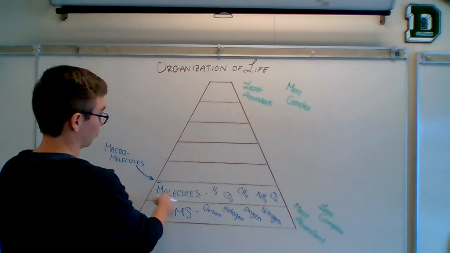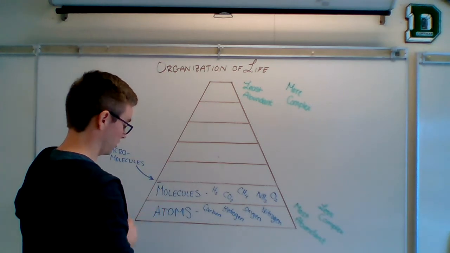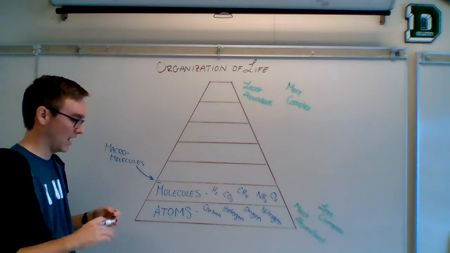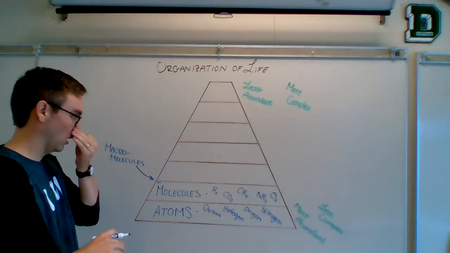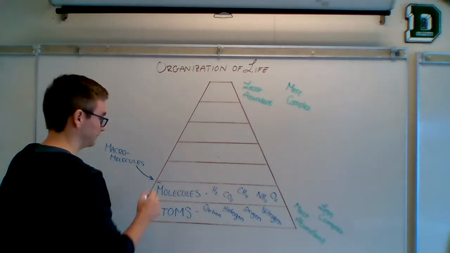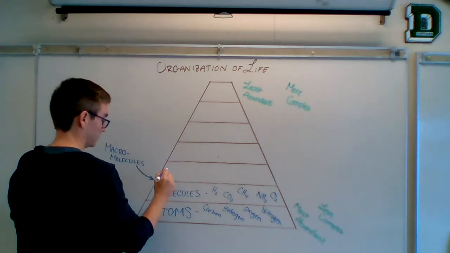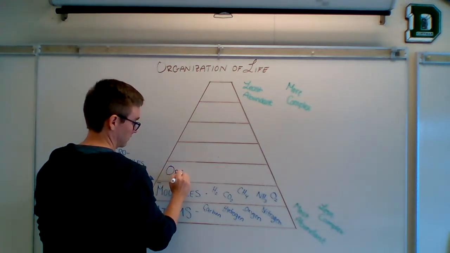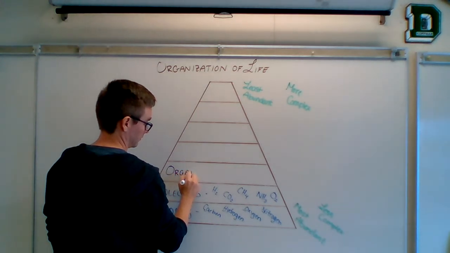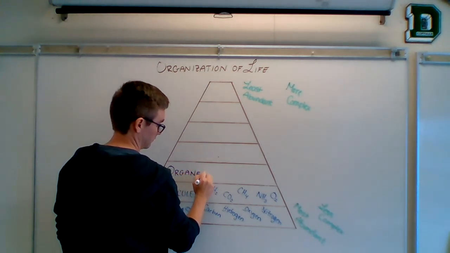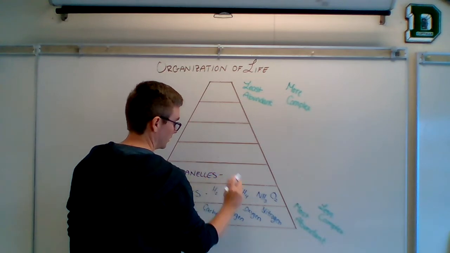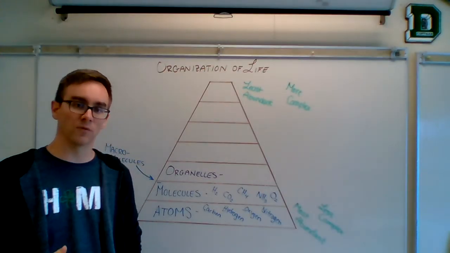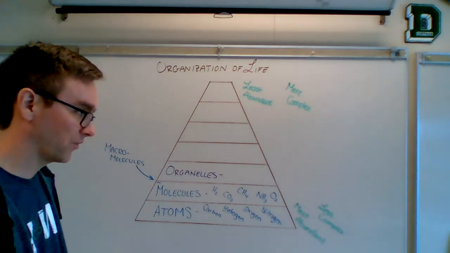Once we build our macromolecules, we're ready to have our first organelle. This is when we're building organelles. Organelles are structures found within cells that provide some sort of function.